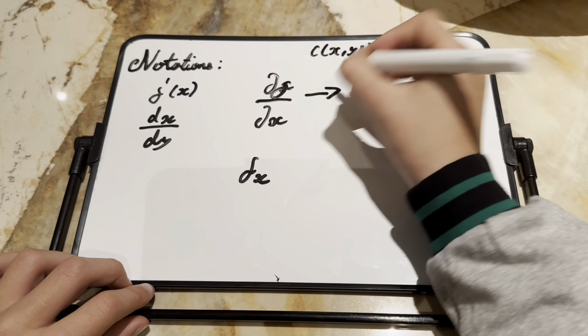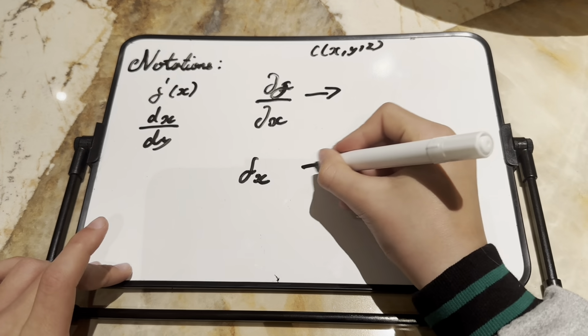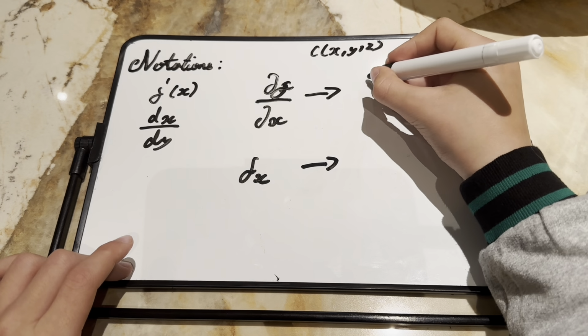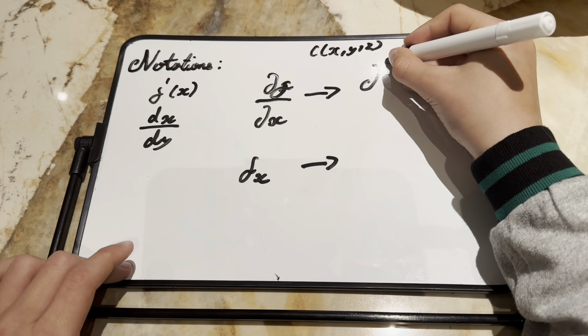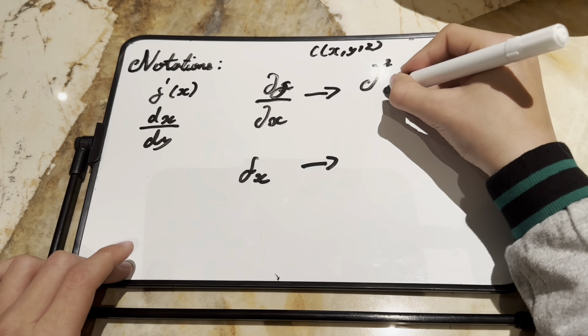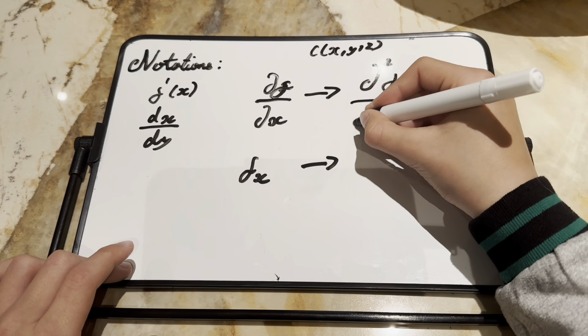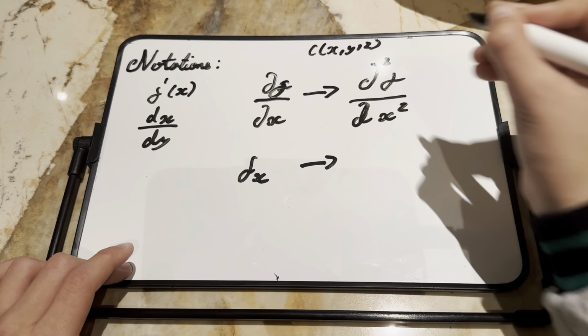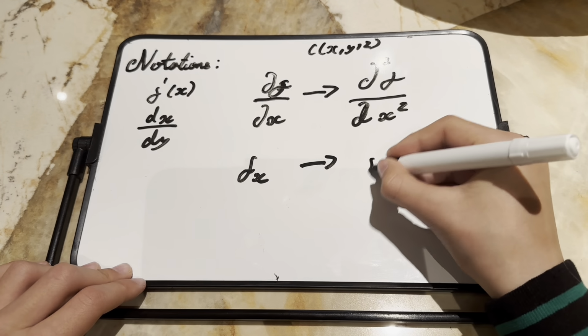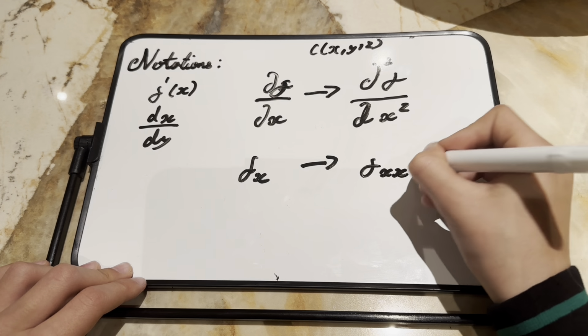Next, let's talk about higher order derivatives. So if we wanted to find the second derivative, we would put partial squared f over partial x squared. My bad, this is not a partial symbol. And here we would just do f sub x.